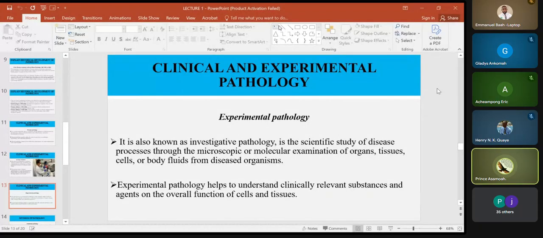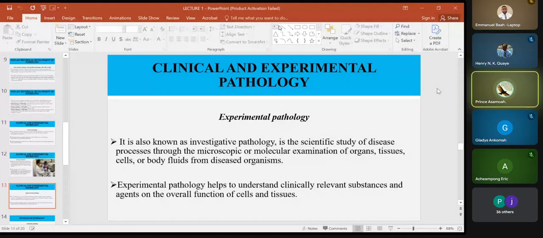Now let's move to experimental pathology. As the name suggests, experimental pathology, you are also known as investigative pathology. So it involves all the processes through which the microscope or molecular examinations of organs are done.